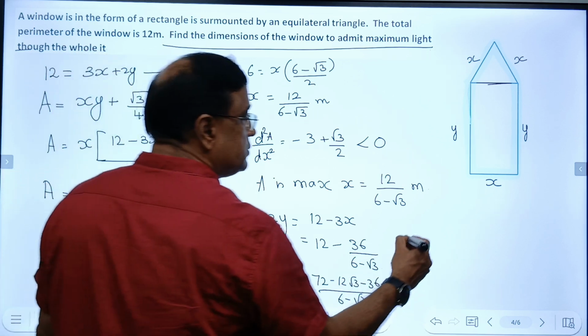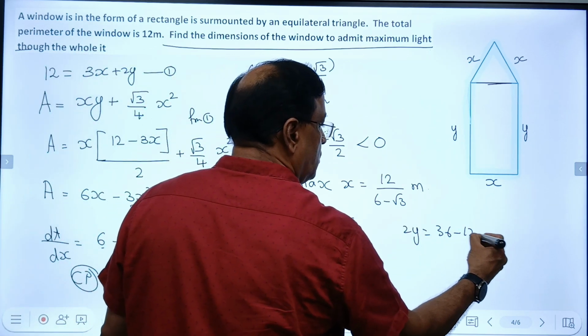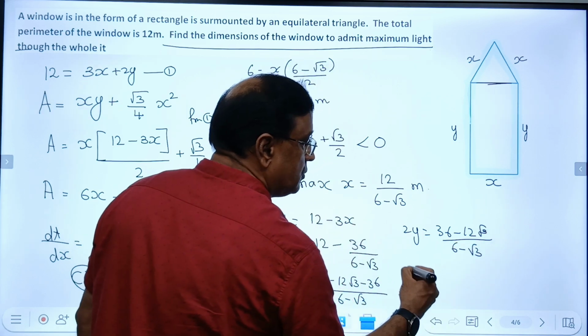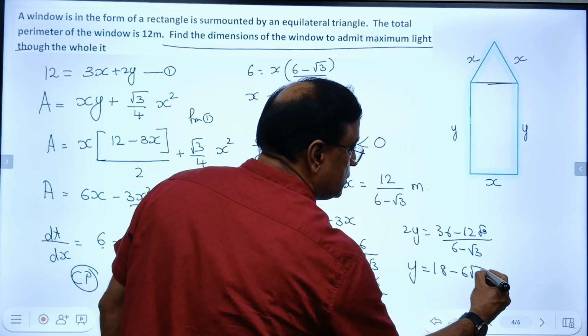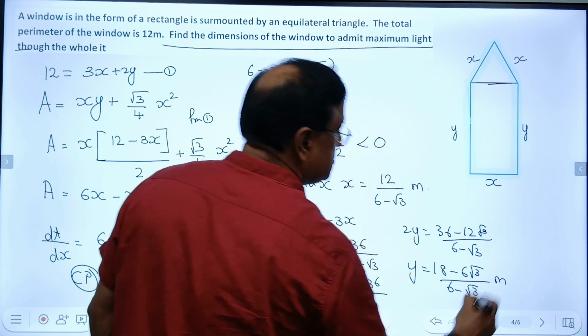So if you simplify this, you get 2y equal to 36 minus 12 root 3 by 6 minus root 3. So y will be 18 minus 6 root 3 by 6 minus root 3 meters.